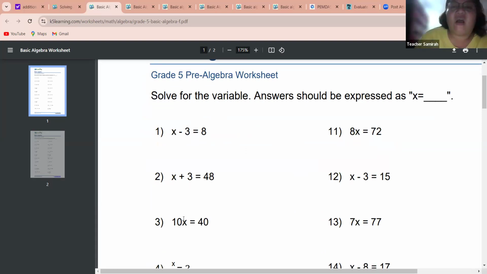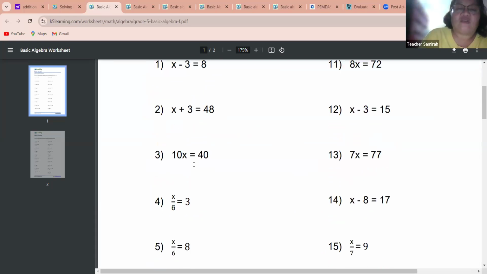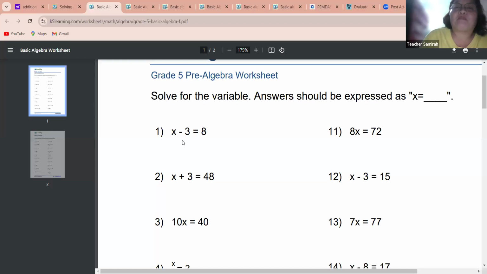Okay, so look at that. This is an activity worksheet for an algebraic expression to be solved by simply finding the value of x. Number one. The equation for number one is x minus 3 is equal to 8.